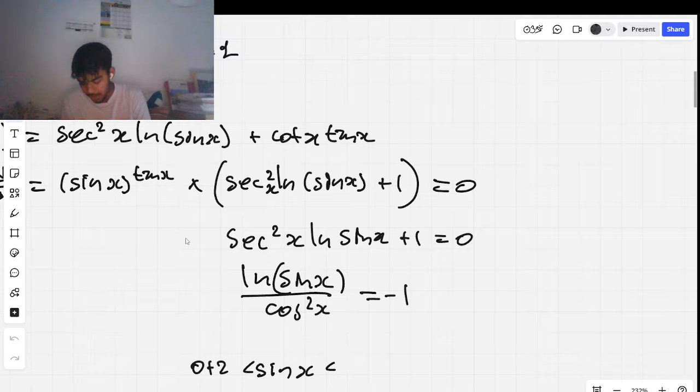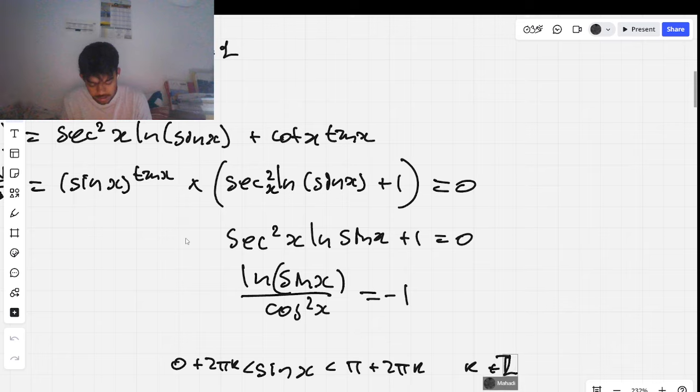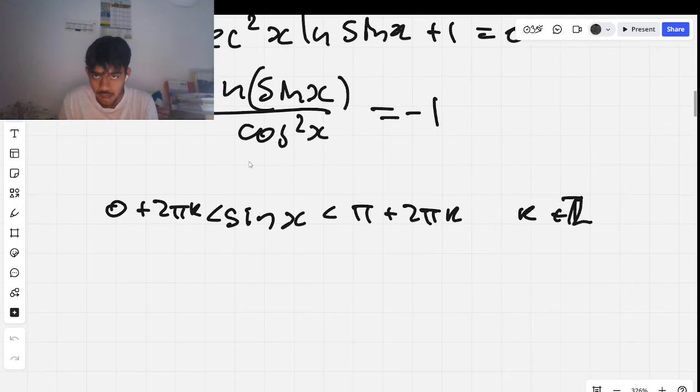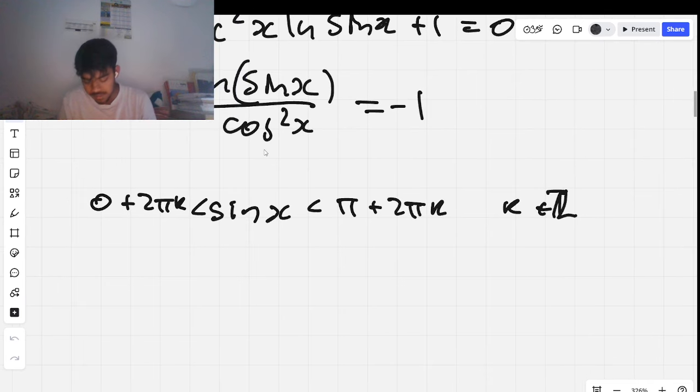So actually, the better way to write it is this, and pi plus 2 pi k, where k is an integer. That's very important.